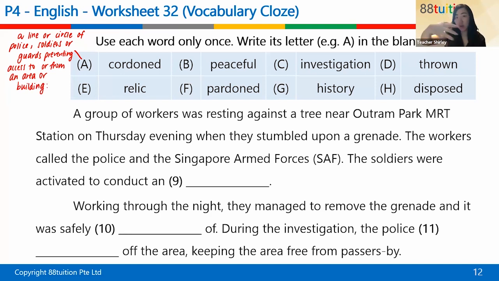So to cordon off something, like sometimes when there's a crime scene, the police will put tapes all around to cordon off the area.